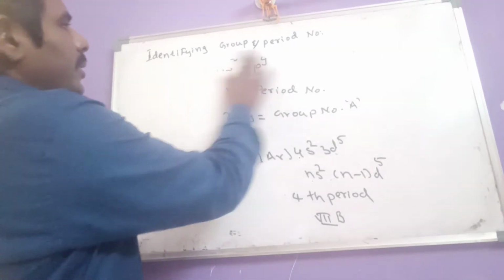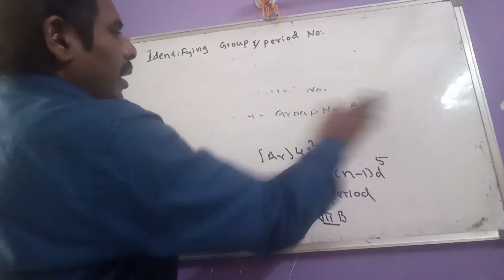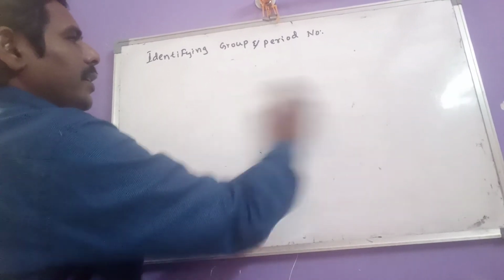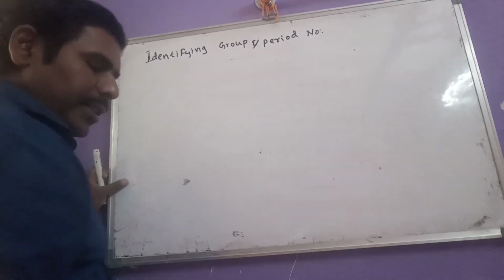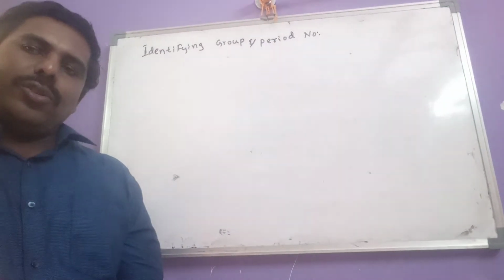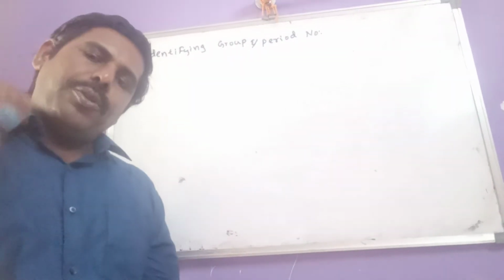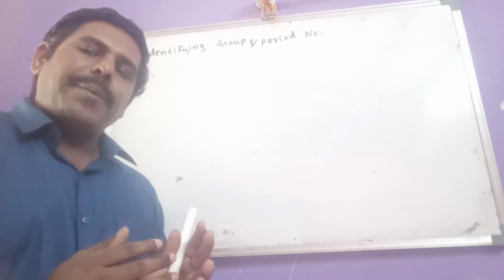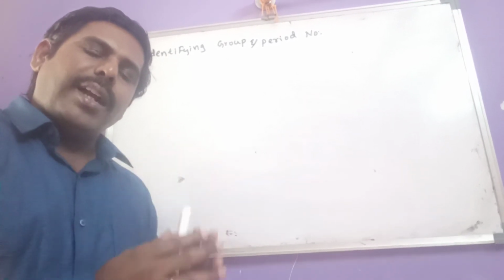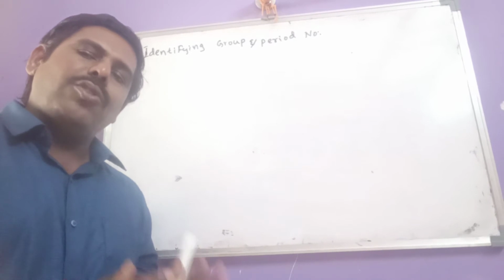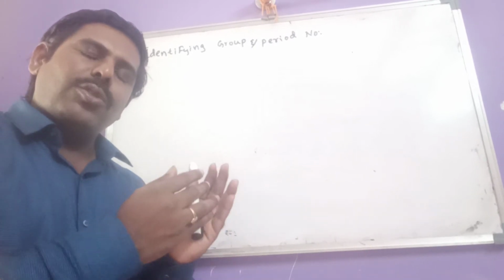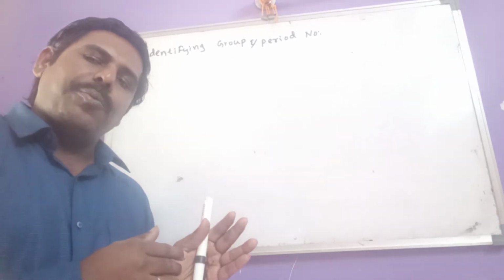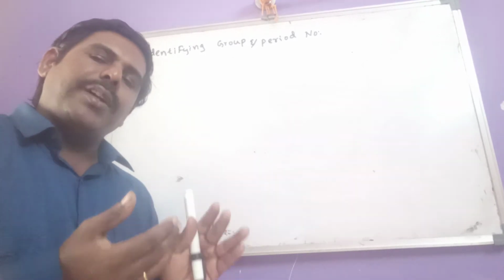Sometimes they may not give the electronic configuration. Instead of that, they give just the atomic number. To identify the group number and period number using the atomic number, we have to know the atomic numbers of zero group elements, because we have to take them as the basis for the calculation of group number and period number of other elements.